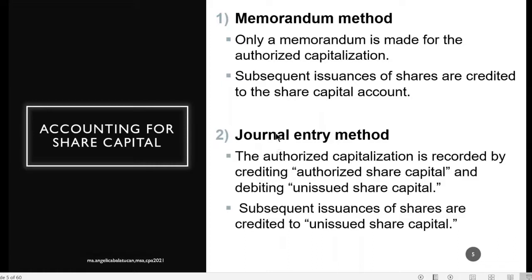In addition, for the journal entry method, any subsequent issuances will be credited to unissued share capital. Unlike in the memo entry, where you credit share capital. For the journal entry method, the additional word is unissued share capital.